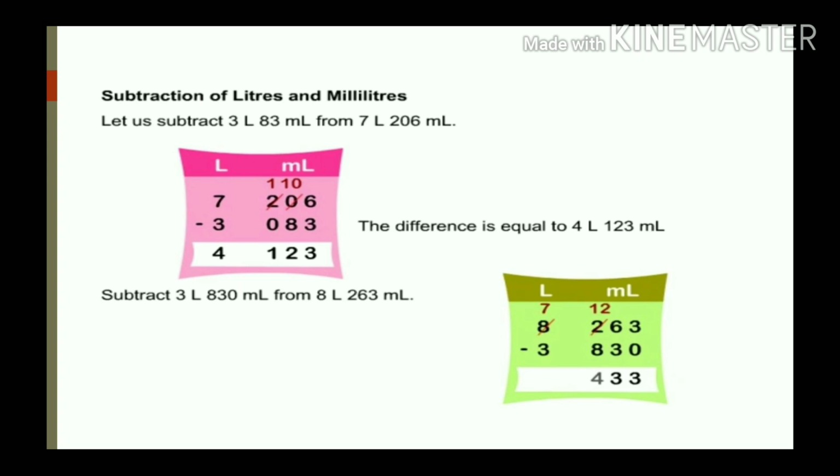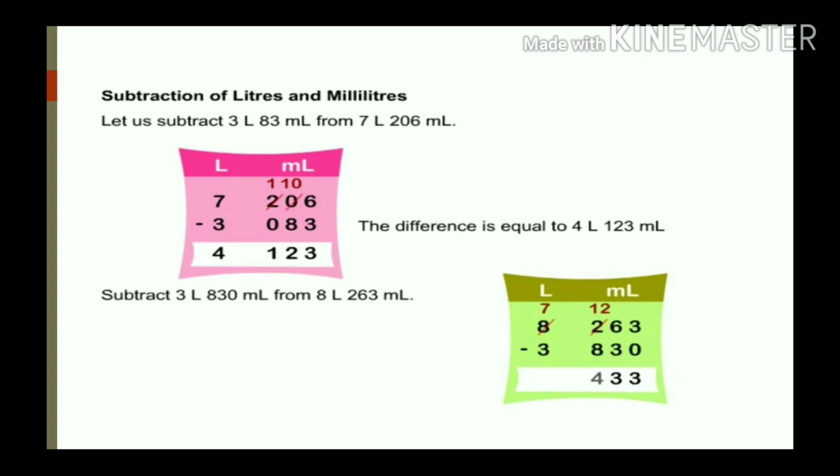So if we take borrow from 8, so we get in place of 2, 12, and in place of 8 we get 7. Now the number 263 becomes 1263. Now you can subtract 830 from 1263.